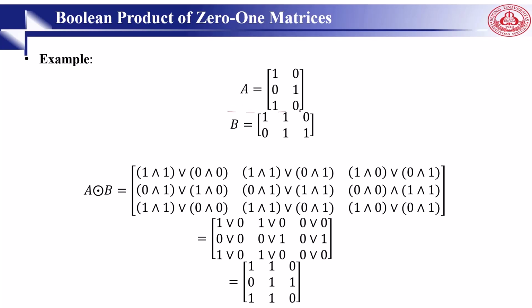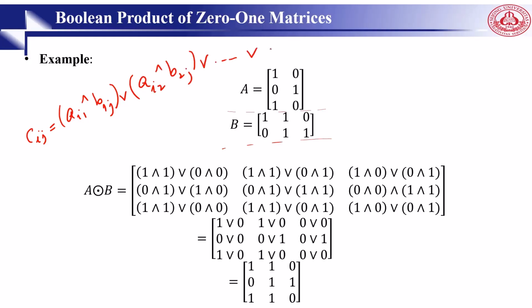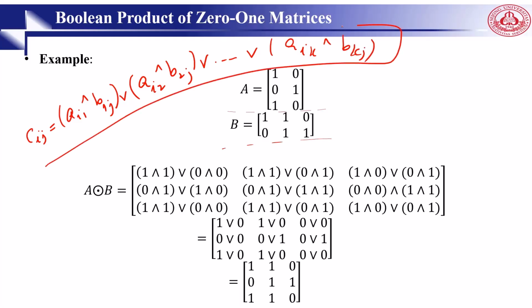If this is matrix A and this is matrix B. If you remember from the previous slide, cij equals ai1 AND b1j, OR ai2 AND b2j, up to aik AND bkj, right? So we follow this equation: 1 and 1 or 0 and 0. 1 and 1 or 0 and 1. 1 and 0 or 0 and 1.